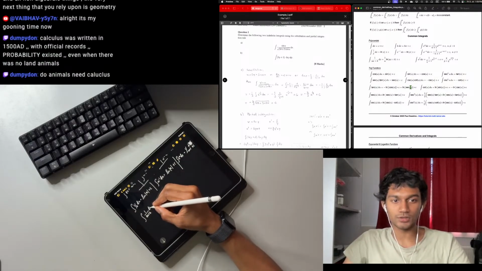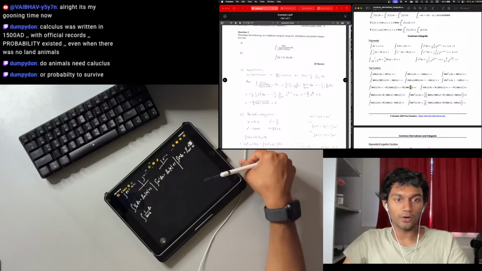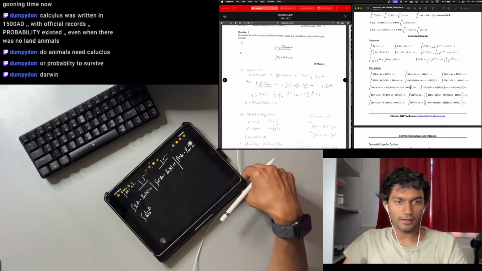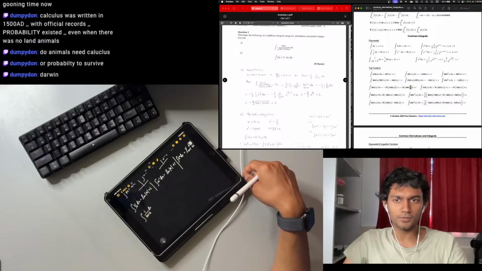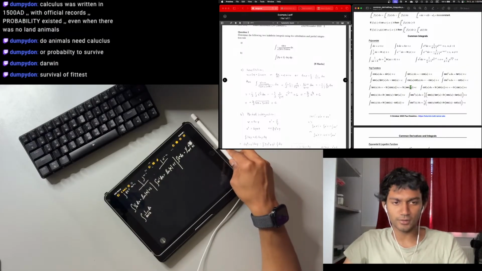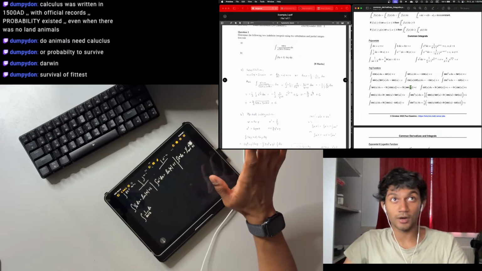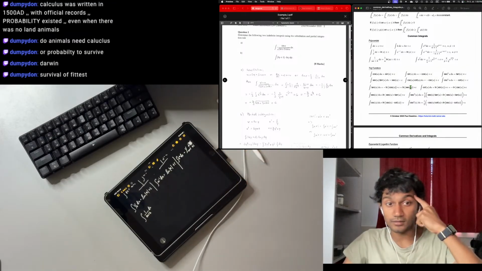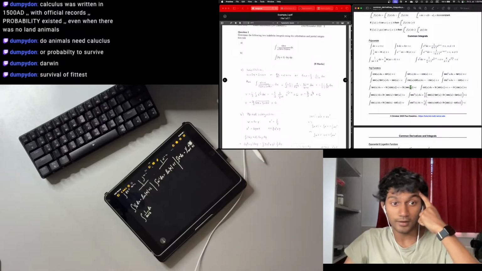Do animals need calculus or probability to survive? If you think about it, their brain is survival of the fittest. Okay, let's not go there. But if you think about it, an animal's brain is calculating both probability and precise stuff to survive.